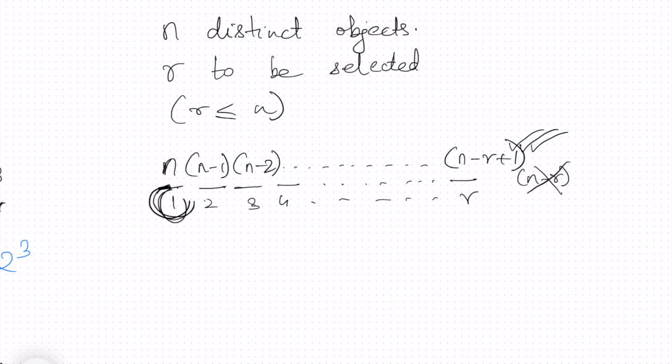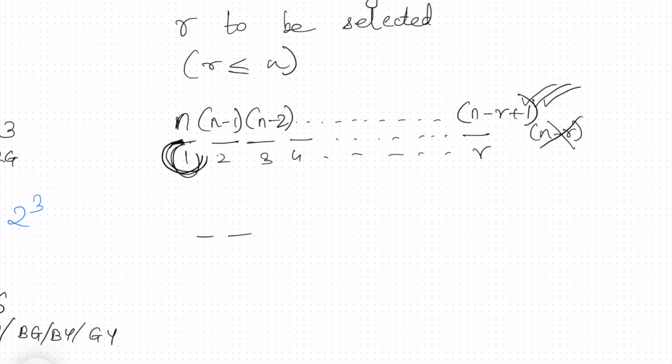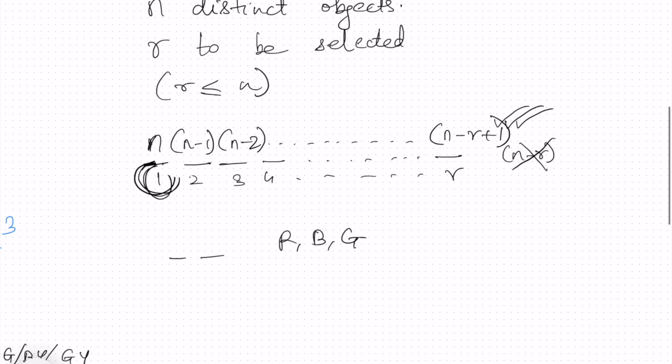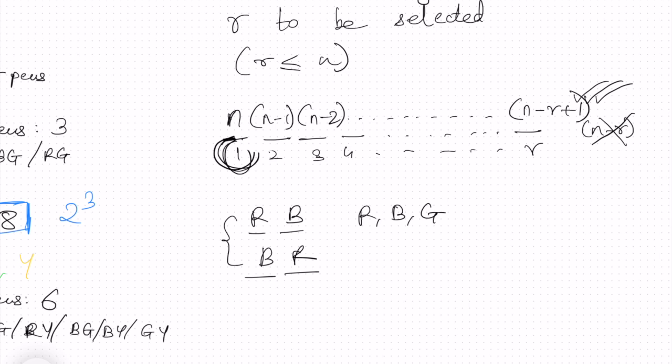So what we are doing here is simultaneously selecting the r objects out of n, and we are also arranging them. The arrangement matters. So what I mean by this is, say the case of 2 pens out of 3: R, B and G. If I am taking a permutation, it means that I'm making a distinction between R, B and the case B, R. These are two different permutations.